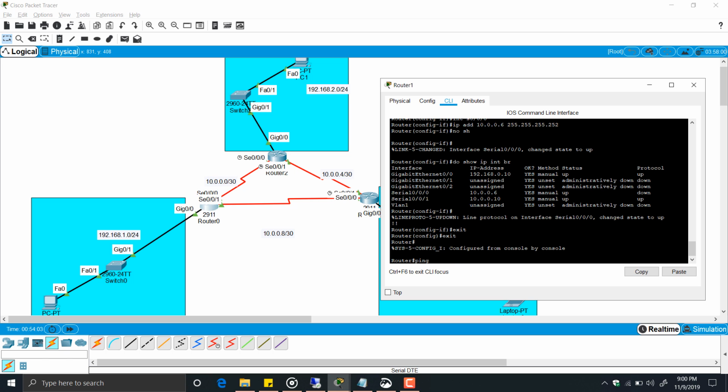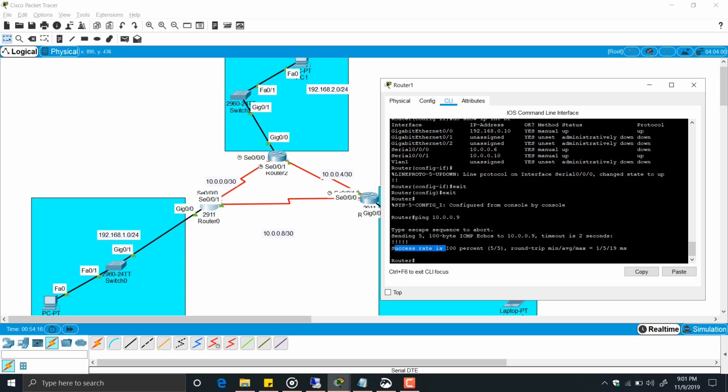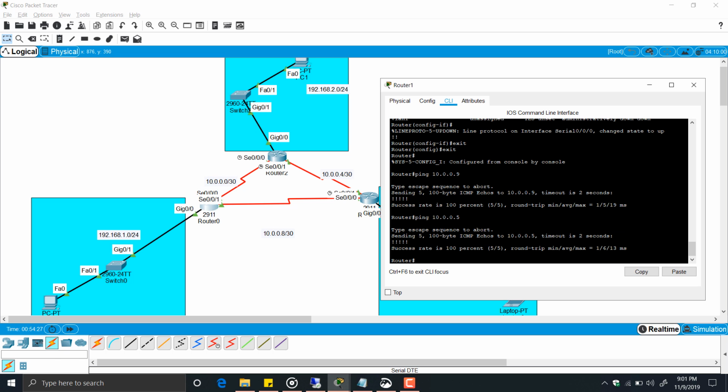So ping 10.0.0.9, which is going to be this router. So let's see if we have connection. Yeah, success. Now let's ping the 10.0.0.5, which was this upper router. And yeah, we have connection.